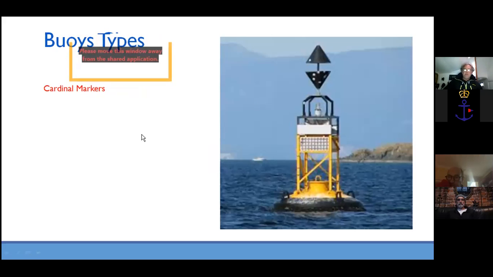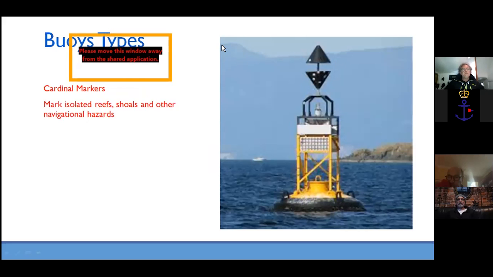So the first type of buoy I want to talk about is cardinal markers. They're pretty much yellow, red and yellow, all of them. Okay, they are there to show an area where you cannot enter. Marks isolated reefs, shoals, or any navigational hazard that you cannot go into. Okay, and they are fixed hazards.